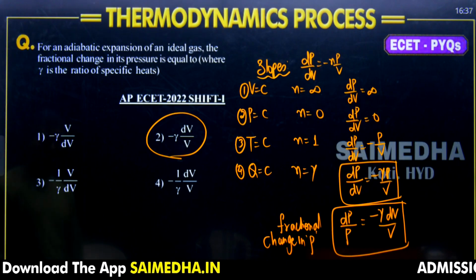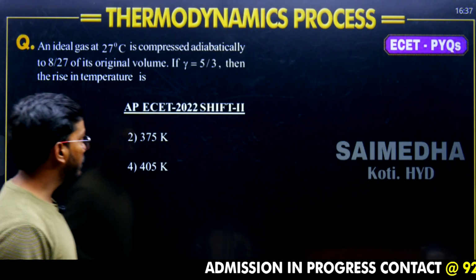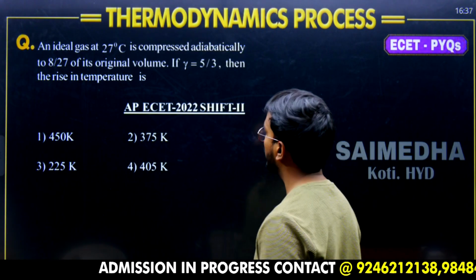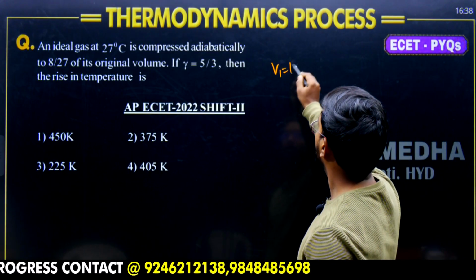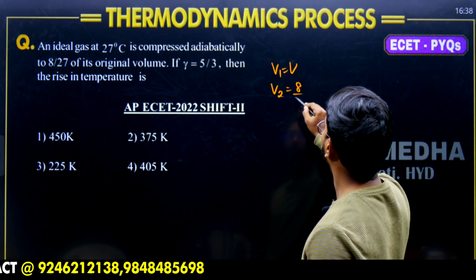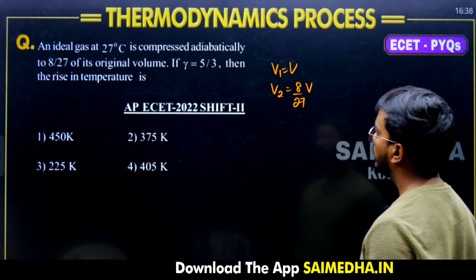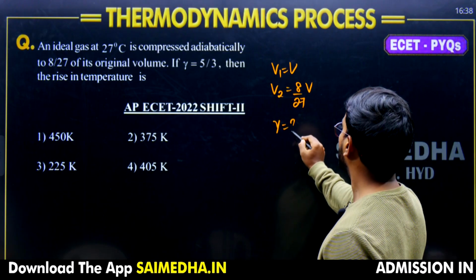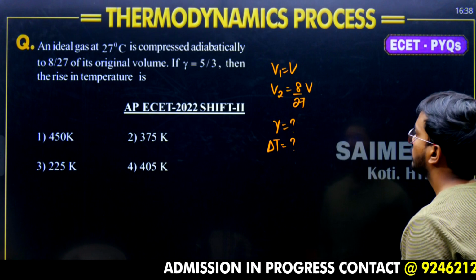Moving on to the next question, question number 13. An ideal gas at 27 degrees Celsius is compressed adiabatically to 8 by 27 of its original volume. V1 is equal to V, V2 is equal to 8 by 27 times V. Gamma is 5 by 3. Then the rise in temperature is delta T, which is T2 minus T1.